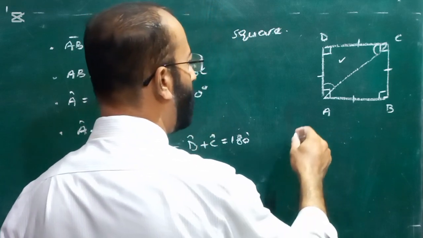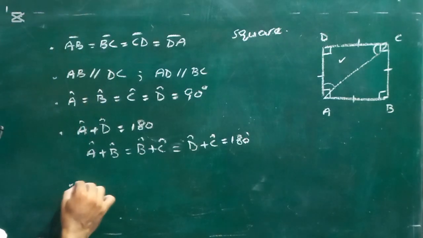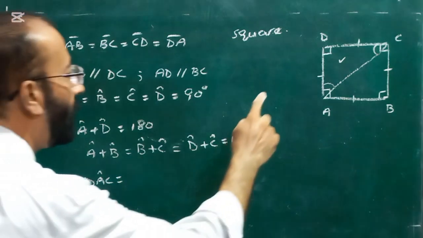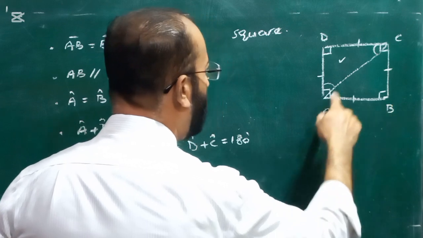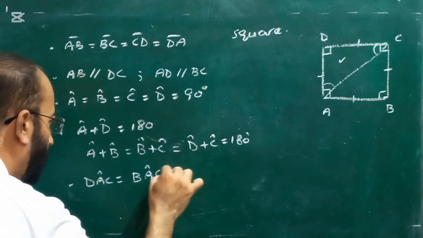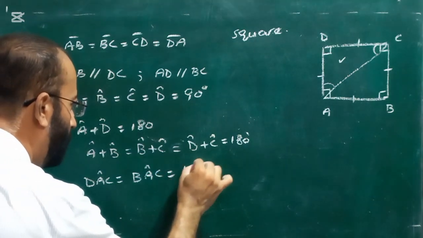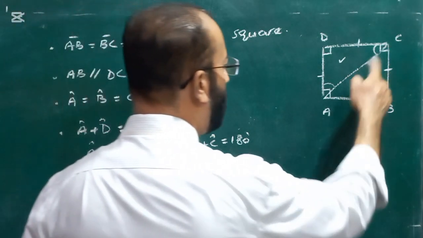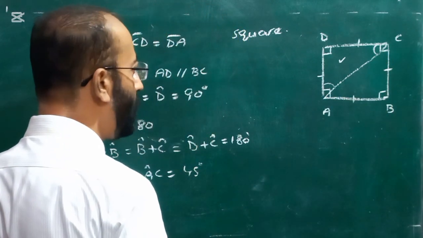So from here we can see BAC is equal to BCA, and these are equal to 45 degrees. So it means the diagonal bisects the angle. This is another property.